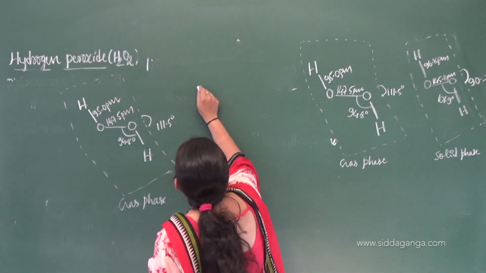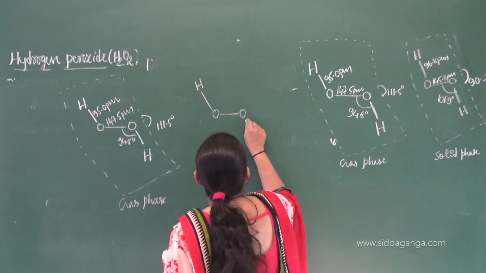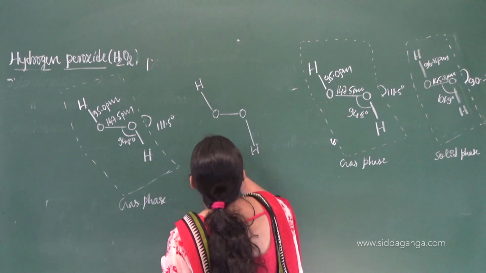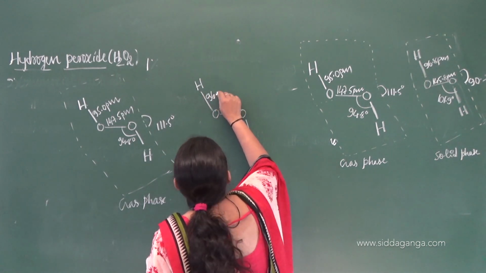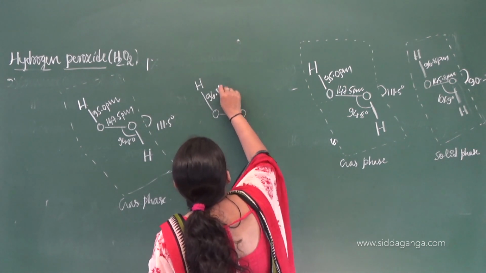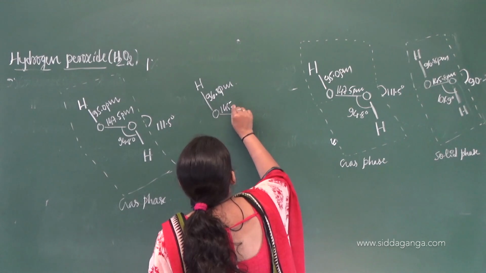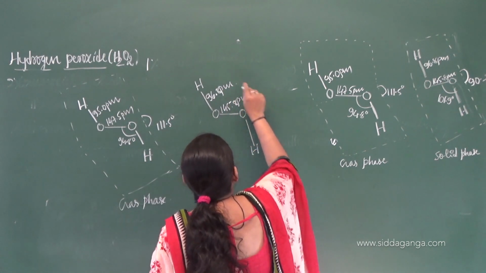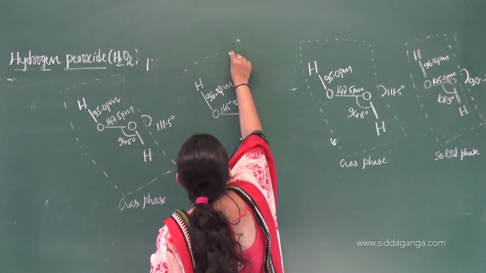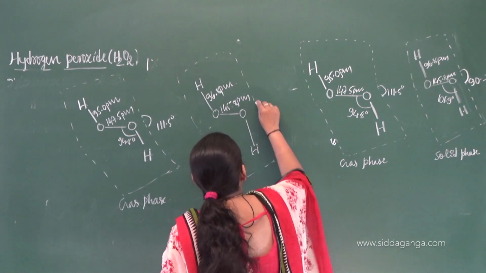Then if you move on to the solid phase of hydrogen peroxide, it is also an almost similar structure, but there is a little variation in the bond angle. It is 96.8 picometer, and then this will be 145.8 picometer. In order to show the dihedral angle, we have to write this type of structure, the open book like structure.